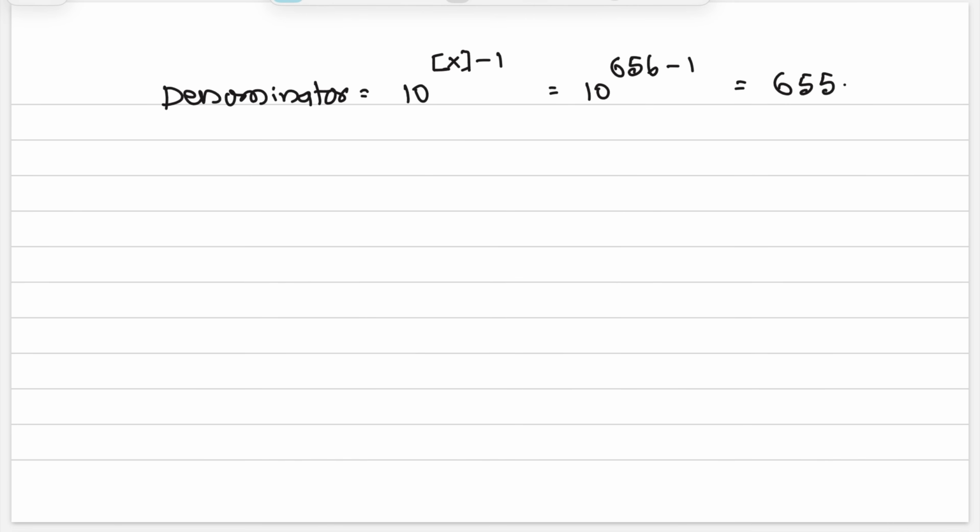What is the numerator? Numerator is equal to 7 to the power of 777. Now we have to find out the value of 7 to the power of 777.